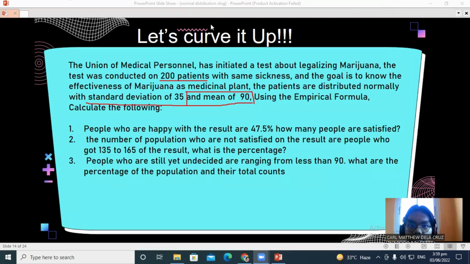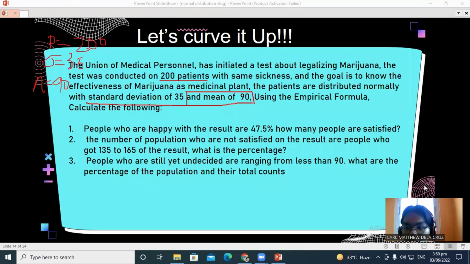Now for the number 2 problem, we need to note that we have the population size of 200, standard deviation of 35, and the mean which is 90.